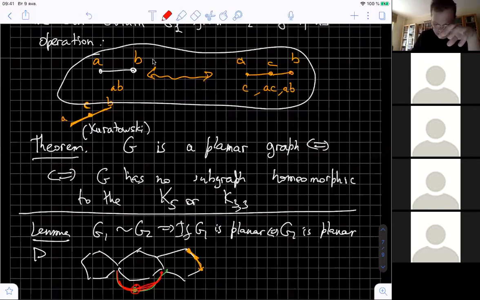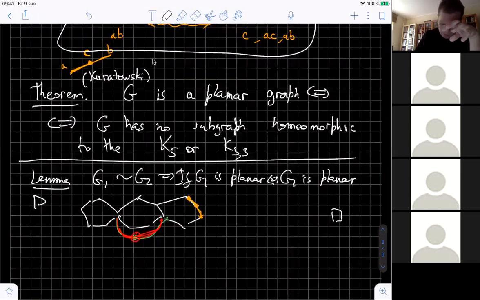From this you can easily prove left to right. So if G is a planar graph, then of course G cannot contain any subgraph homeomorphic to K5 or K3,3.